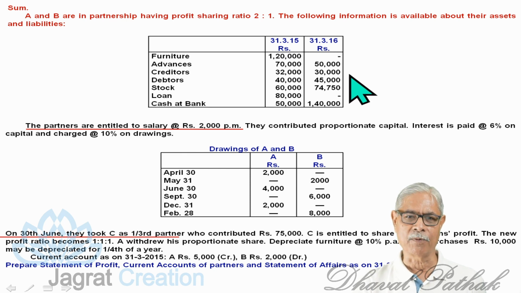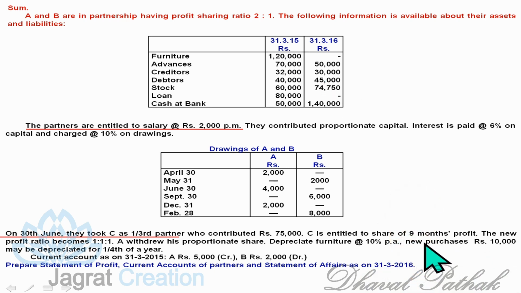While writing this furniture, 1,20,000, the addition made 10,000. See, depreciate furniture at the rate of 10%. New purchases were 10,000. So original purchase were 1,20,000. New purchases are 10,000. So in this closing statement of affairs, the furniture will be recorded 1,30,000.